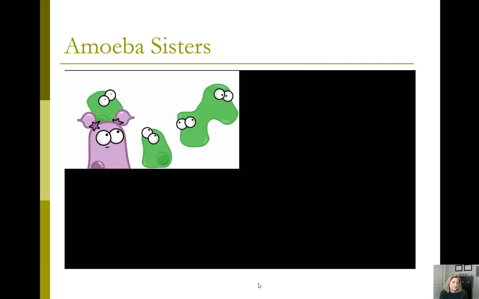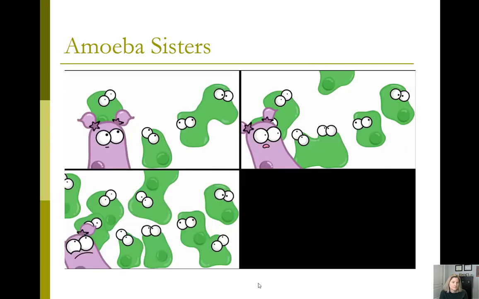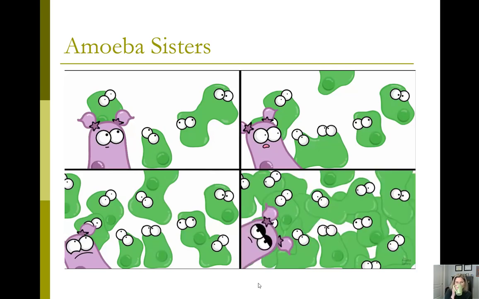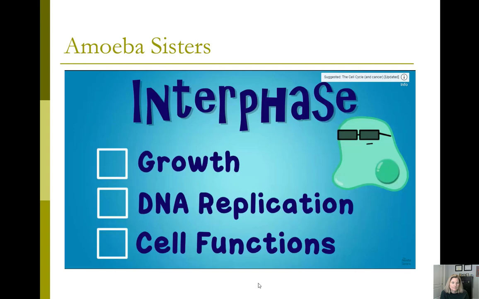Now, it's also important to understand that your cells are not dividing all the time. If all they did was divide, it would just be rapid, crazy growth. In fact, this is kind of what cancer is. Cancer is uncontrolled cell growth. We have a clip on the cell cycle and what the cell is usually doing most of its daily life, which is actually a phase called interphase, where it's growing and replicating its DNA and carrying out its daily cell functions.